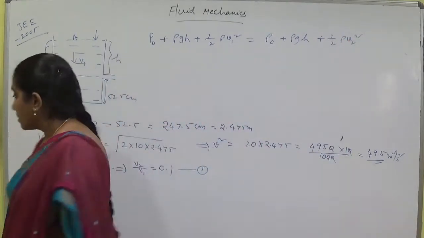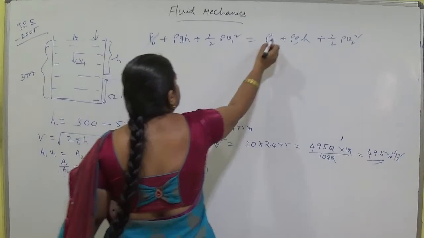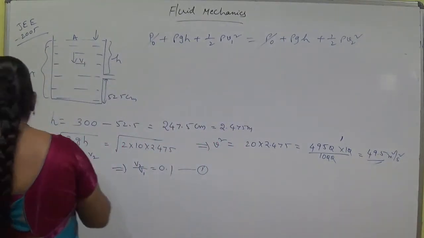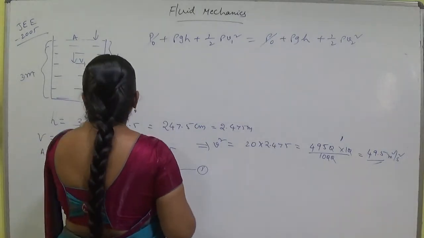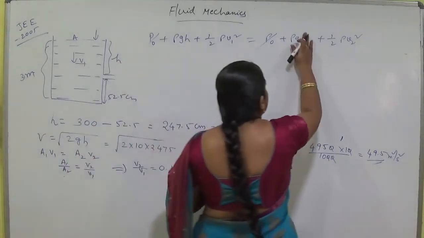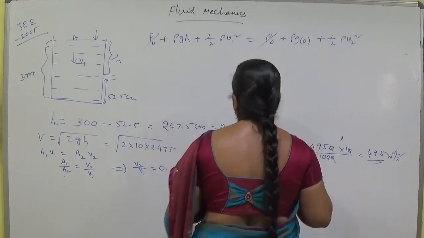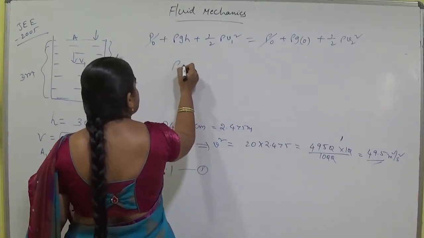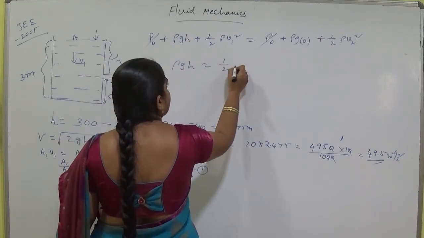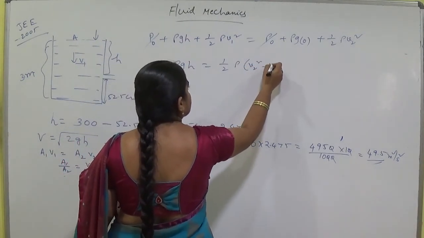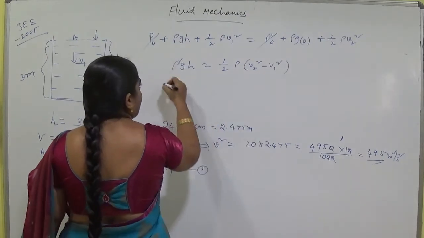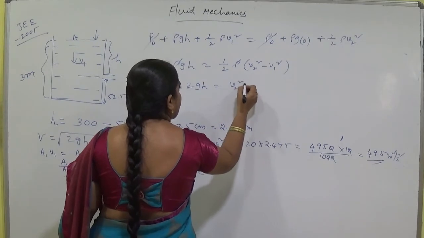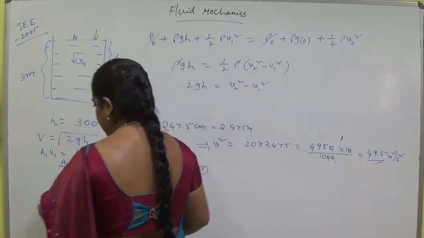P naught cancels. The value at the orifice, this one is 0. So rho GH is equal to half rho into V2 square minus V1 square. Rho cancels. 2GH is equal to V2 square minus V1 square.